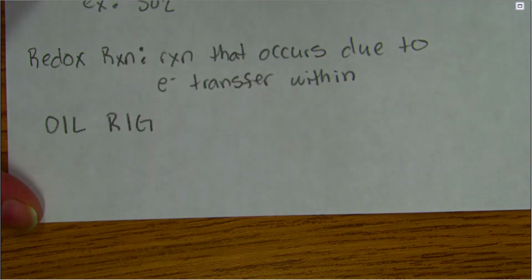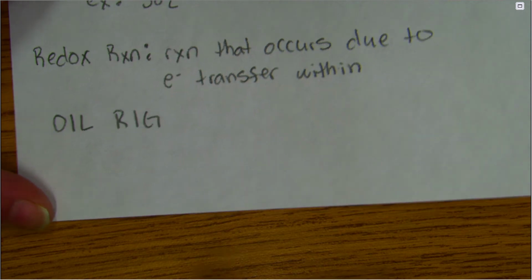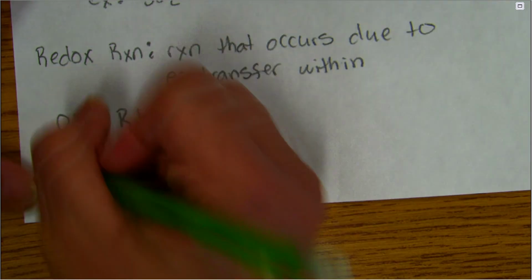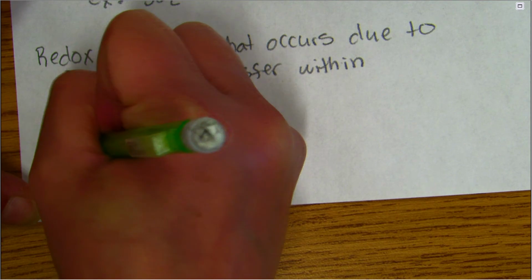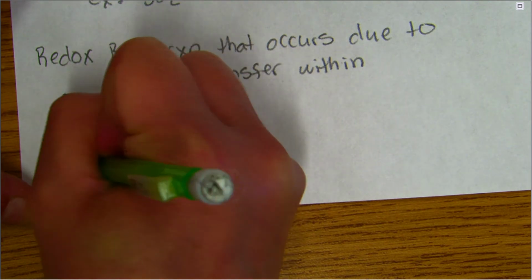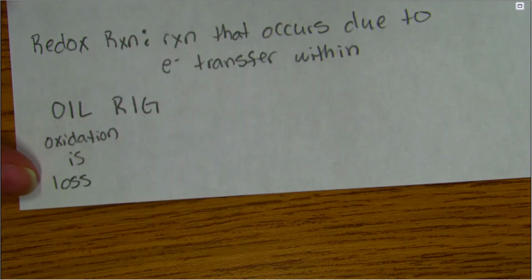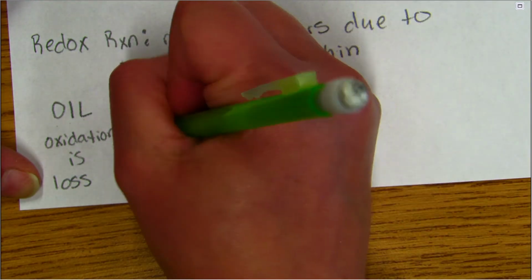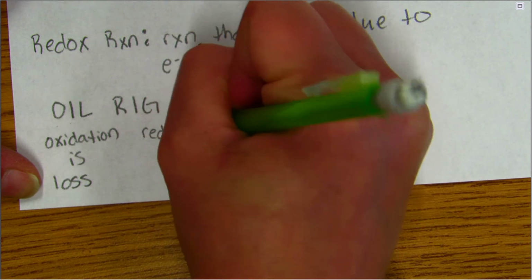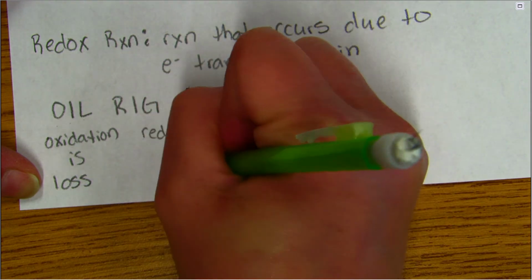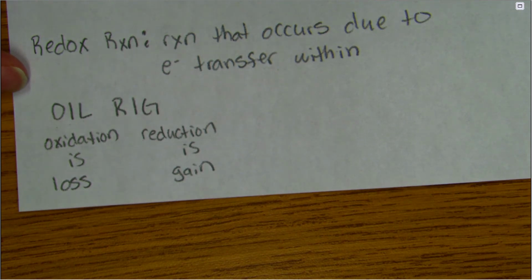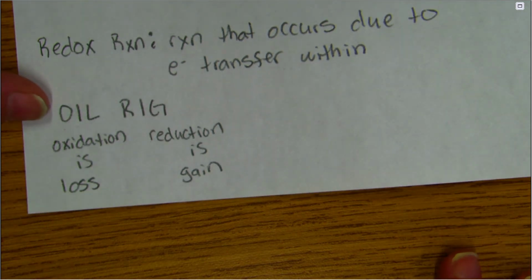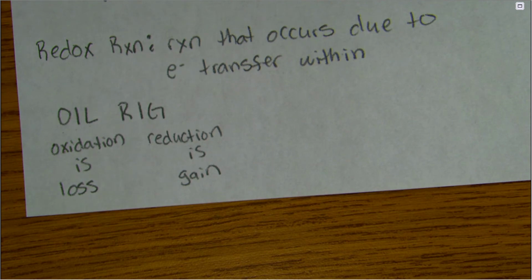This is how I like to remember it, OIL RIG. Oxidation is loss, and when we say loss, we mean of electrons. Reduction is gain. So we gain electrons. So OIL RIG, oxidation is loss, reduction is gain. So we are losing and gaining electrons within this reaction.